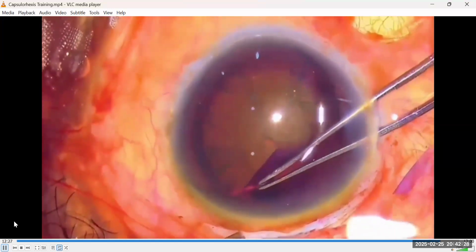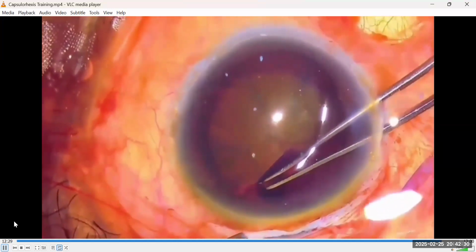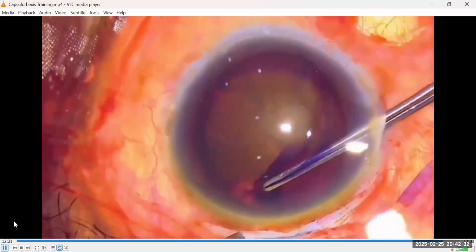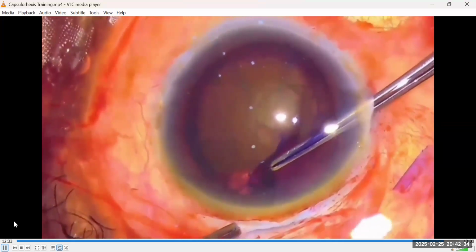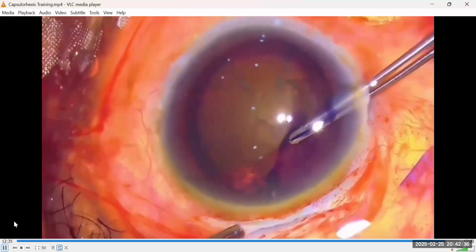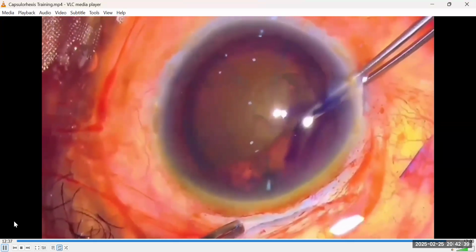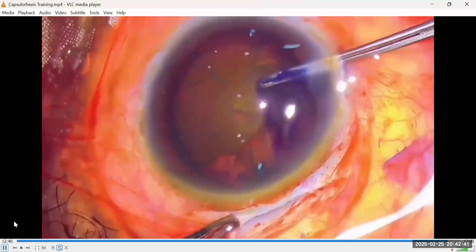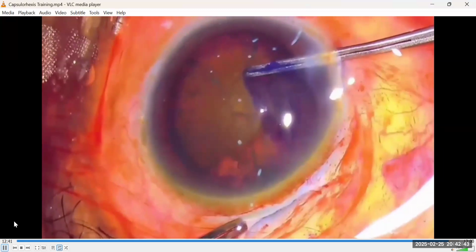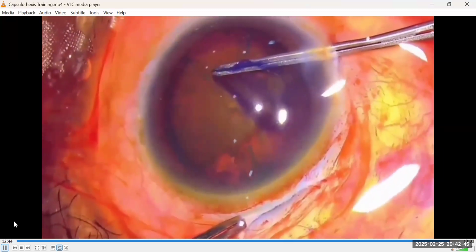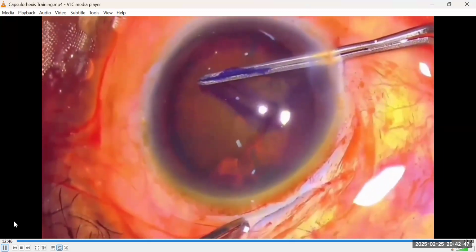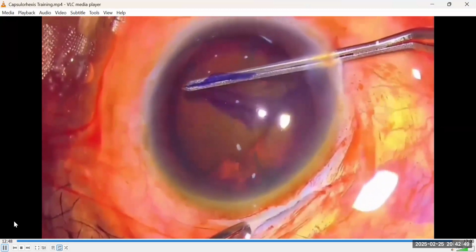Picked at the base. Just hold on, calm down. Okay, what did I do? I did circumferential. It is now I'm doing centripetal. All right.